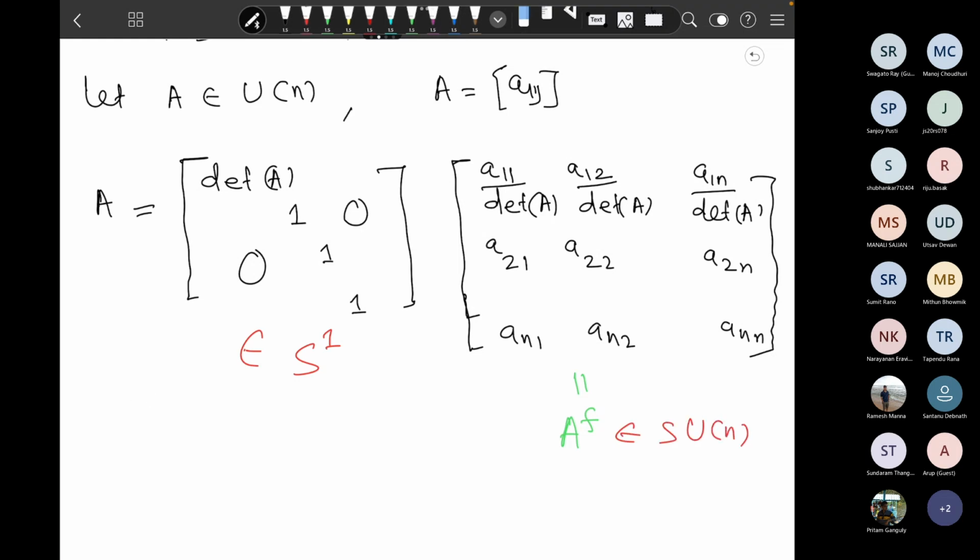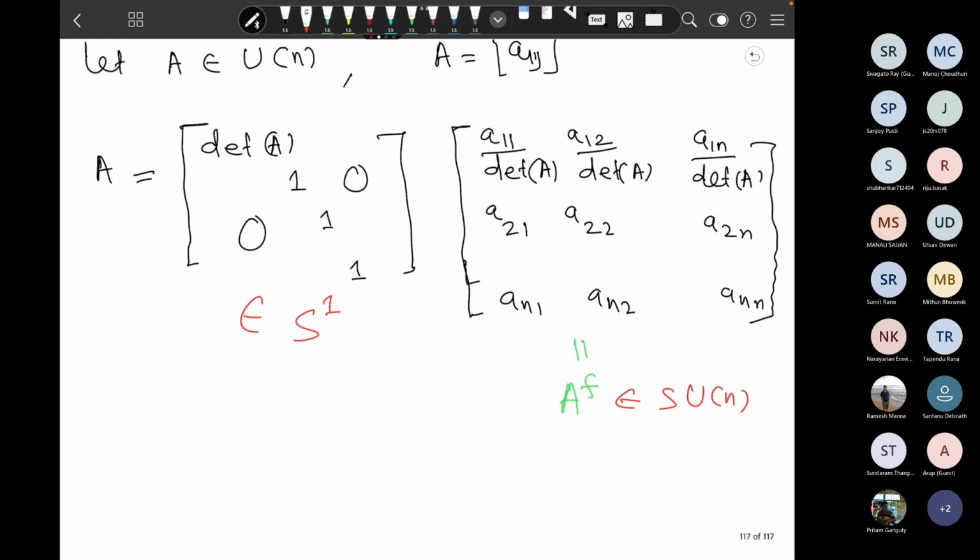So what I am getting from this is that UN is really S1 times SUN, but S1 is normal, SUN is normal, and S1 intersection SUN is identity. So this means this is a semi-direct product.